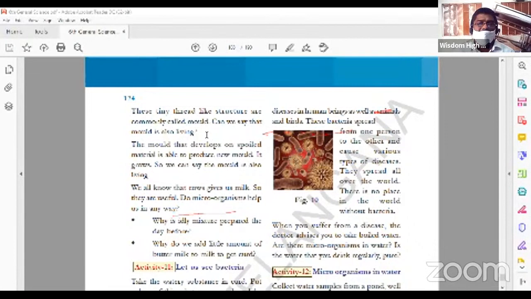Listen here. We can see a thin thread-like structure when we observe under the microscope. Children, once again, everyone concentrate here.